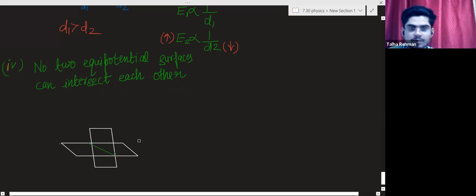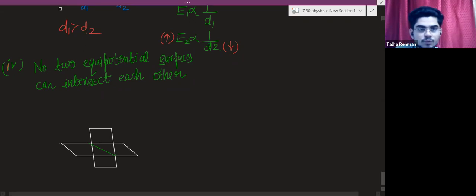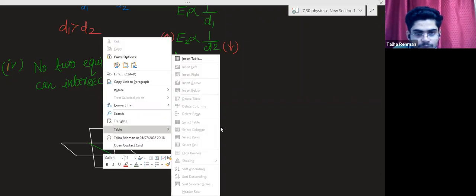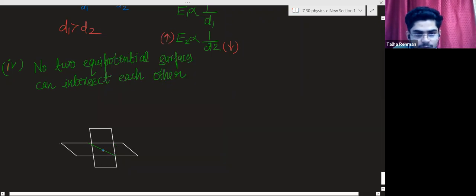If you take a point here, this is surface 1 and this is surface 2. Due to surface 1, the electric field should be perpendicular to this surface 1.